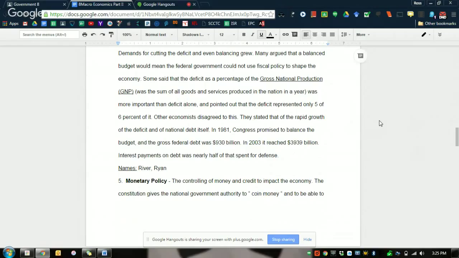But one thing to keep in mind here is that in the United States, we have an enormous gross national product, and that should say product there, and it's commonly known as the GNP.